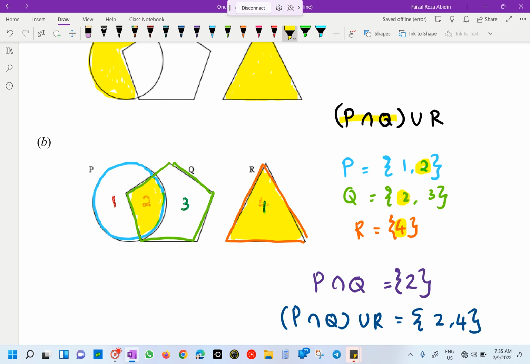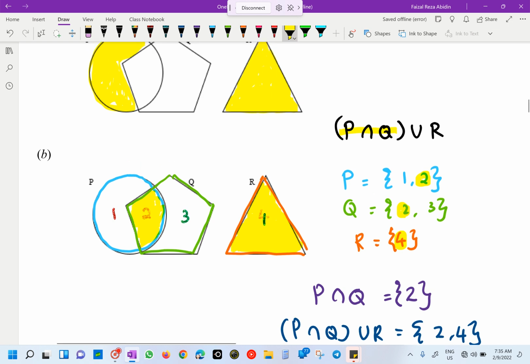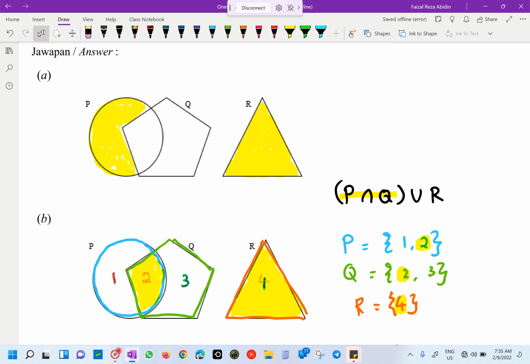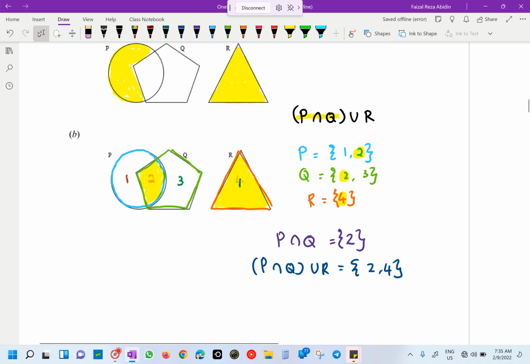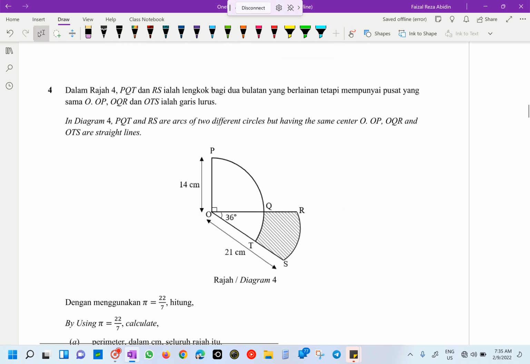Any question? This one has 2 marks, because there are two operations. First mark is given for P intersect with Q, 1 mark, and then union with R, another 1 mark. Even if only one region is shaded you get 1 mark. Just one. Number 1 just now cannot, even though there are two regions you are going to shade.